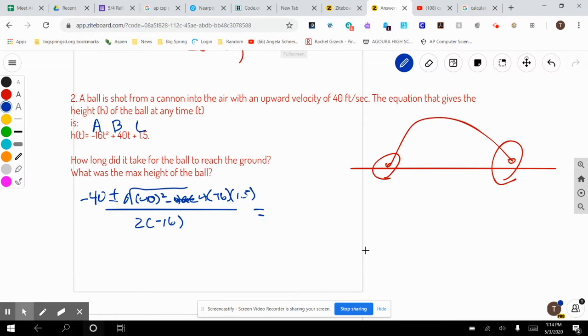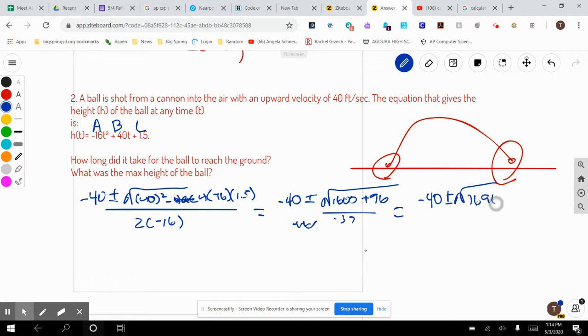So that would be negative 40 plus or minus the square root of 1600 minus 4 times negative 16, which would be negative 64, I believe. That would be plus 96 because it'd be minus a negative, all over negative 32, which would turn into negative 40 plus or minus the square root of 1696 all over negative 32.